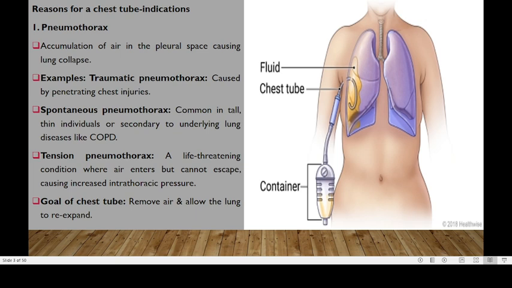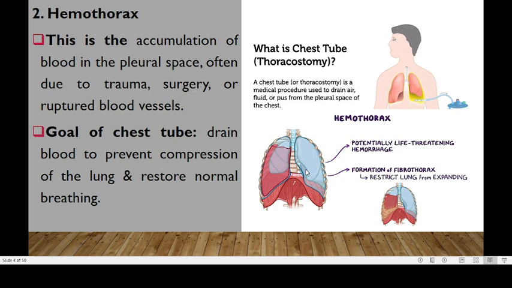It could be secondary to an underlying lung disease like chronic pulmonary disease. Tension pneumothorax is a life-threatening condition where the air enters but cannot escape, and this normally leads to increased intrathoracic pressure. So the goal of chest tube in pneumothorax is to remove the air and allow the lung to re-expand.